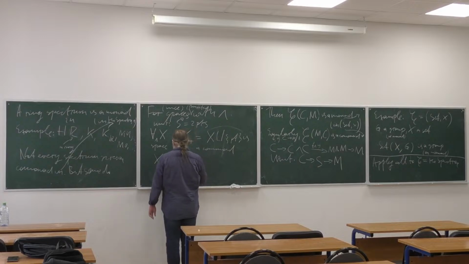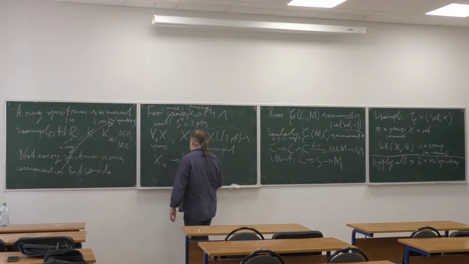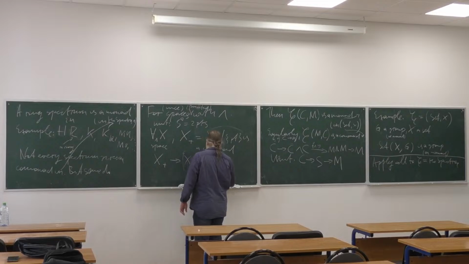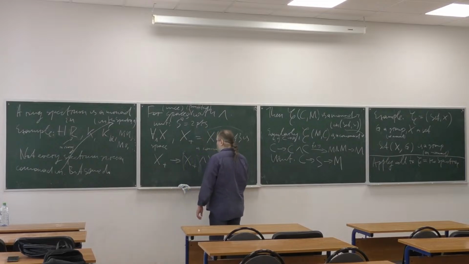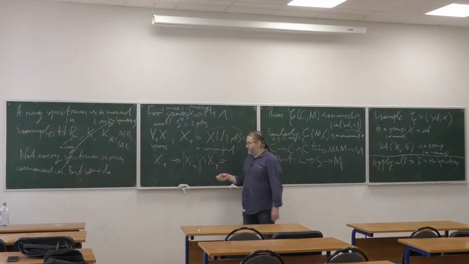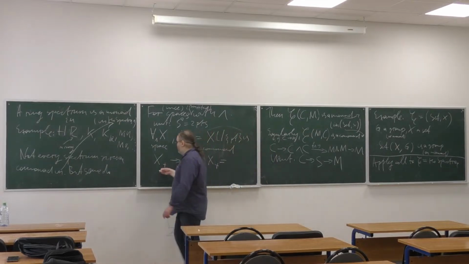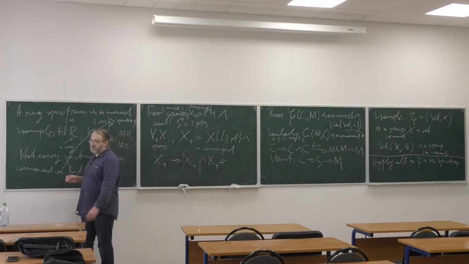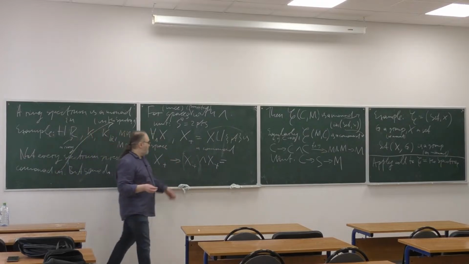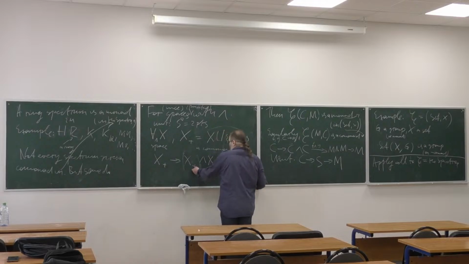Okay, let me explain the structure maps. Well, let's look at this. I need a map from x plus to x plus smash x plus. But what is this thing?